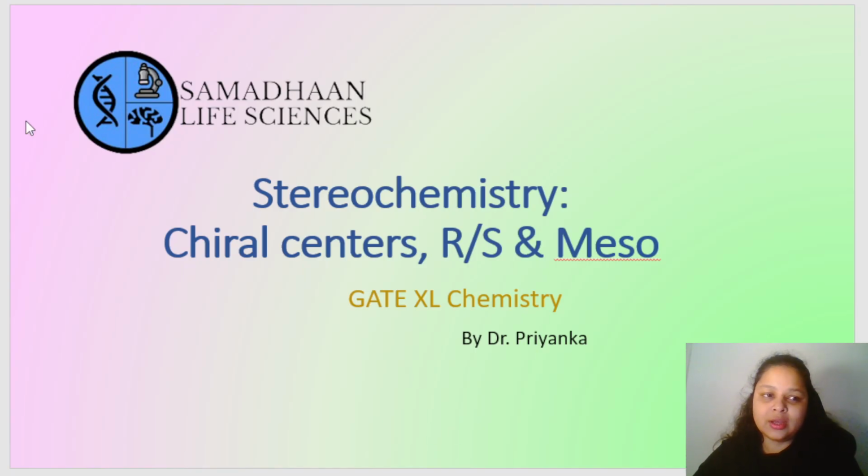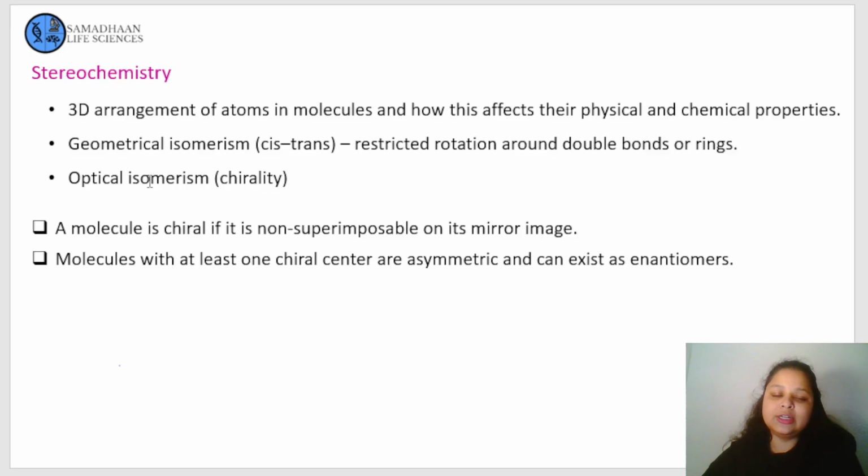Now to proceed with today's topic, we will discuss stereochemistry, which is an important part of the organic chemistry chapter, and also scoring too. In stereochemistry, we discuss the spatial arrangement of atoms in a molecule in 3D space.